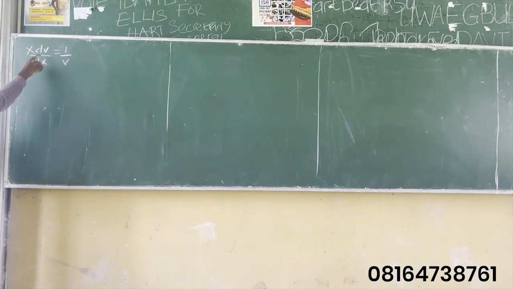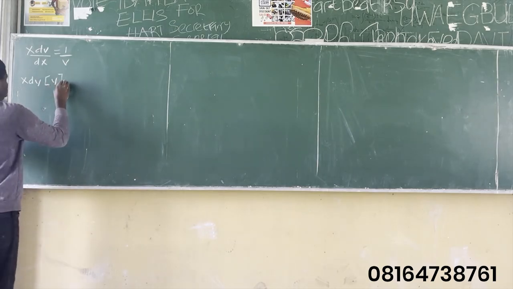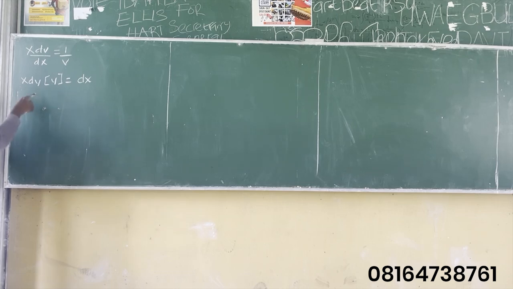So now we are going to be cross multiplying these two sides in order to make x on one side and v on one side. So it's going to be x dv multiplied by v is equal to dx. We can see that this has v and this has v. The only intruder on this end is an x, so we'll eliminate it by multiplying by 1 over x.